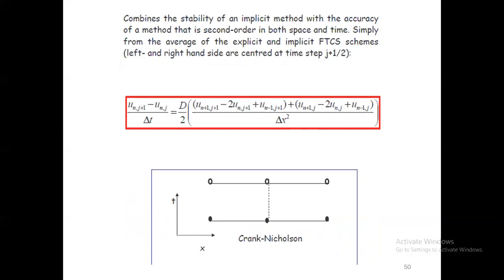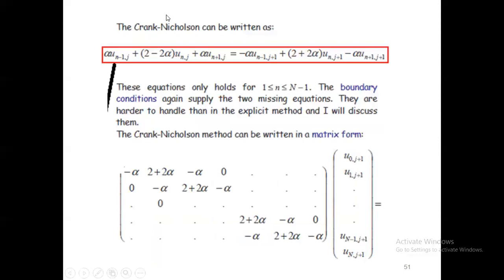The idea was to take all the j values on one side, all the j plus 1 values on the other side, right? And here you can see that all the terms with the j index are on the left hand side. All the terms with the j plus 1 index are on the right hand side.